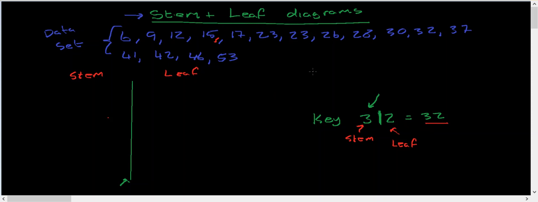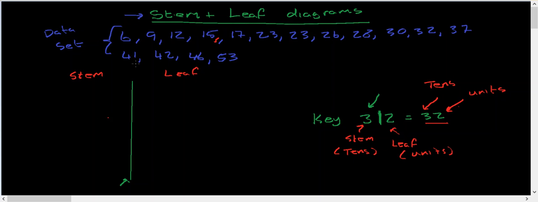So let's have a look and see how it would work. Really what we're saying here is, if you think about your place values, these are tens, and then the 2 is a unit. So the stem number represents tens, and the leaf number represents units.